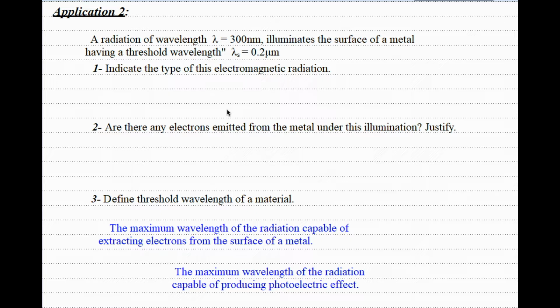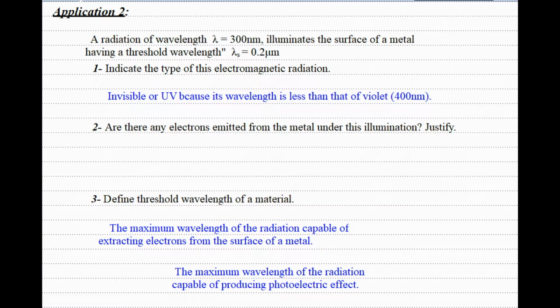Well, you're not supposed to memorize that, but 300 nanometer is less than 400 nanometers, which is a boundary of visible light, so this is invisible, or it's an ultraviolet radiation. Are there any electrons emitted from the metal? Well, the threshold is 0.2. Lambda is 300 nanometers.